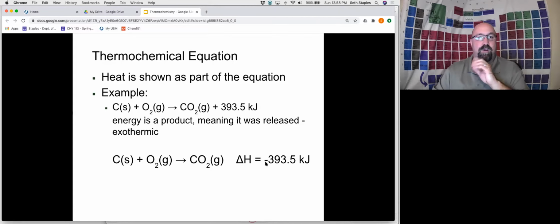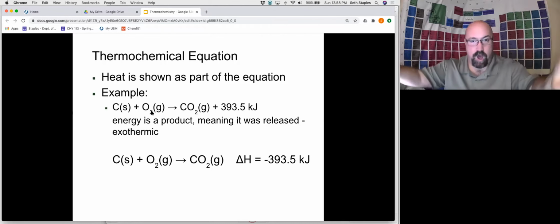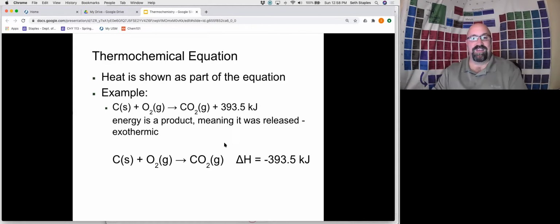So remember, for exothermic, our heats are negative because we're looking at this from the perspective of the system, from the perspective of the reaction. This reaction released energy, so it went to a lower energy state. The 393.5 kilojoules was given off. So energy was released, and so we have a negative delta H value.